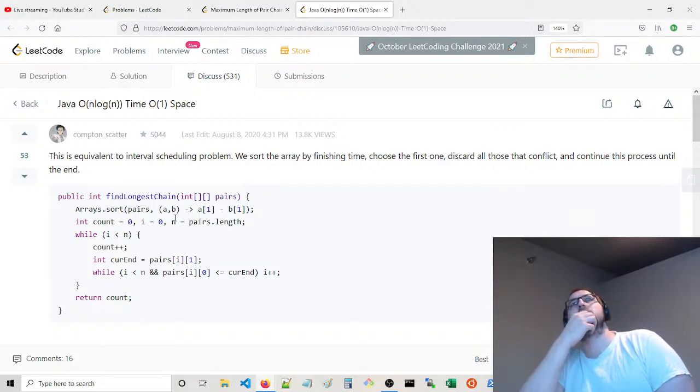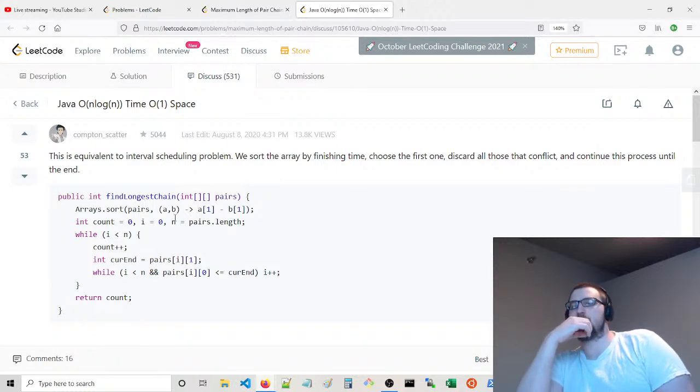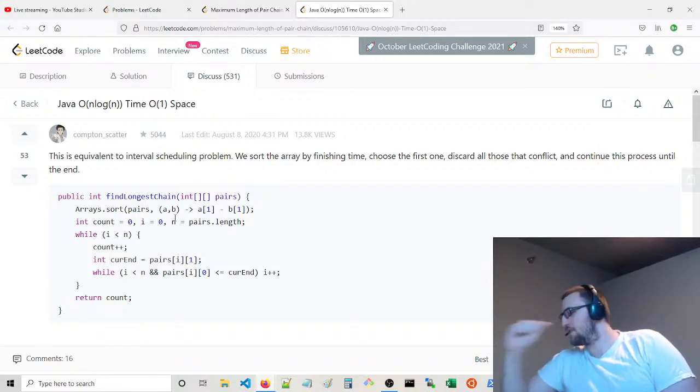Well, I think you'd have to prove that, I guess the inductive hypothesis is that you have up to this point, so there's n and n minus 1.